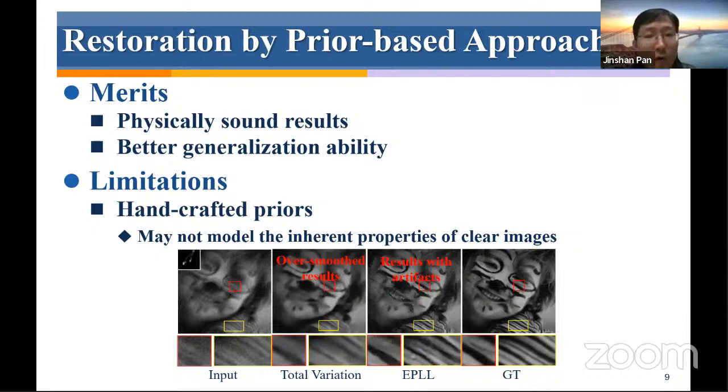The hand-crafted priors are based on statistical observations, which may not model the inherent properties of the clear image, and thus lead to unsatisfactory results. For example, in this case of image deblurring, if the priors for the latent clear images are not defined well, we can't effectively restore a clear image with fine details.